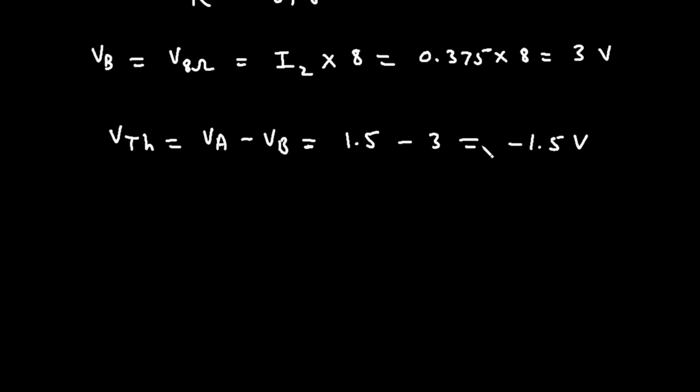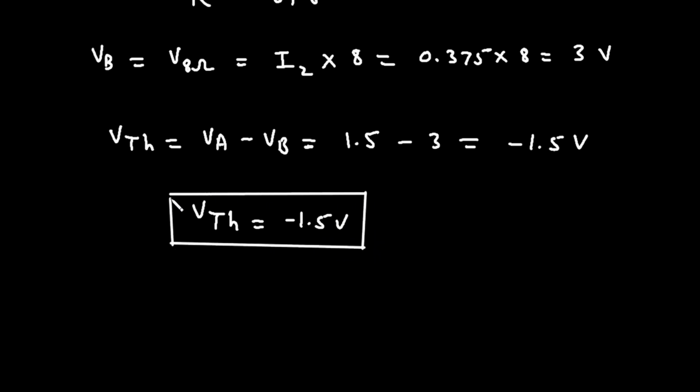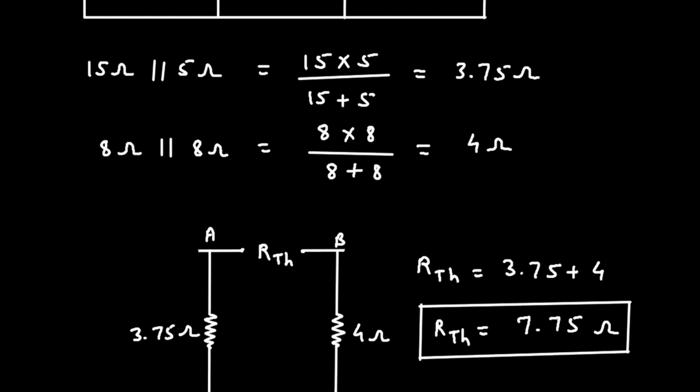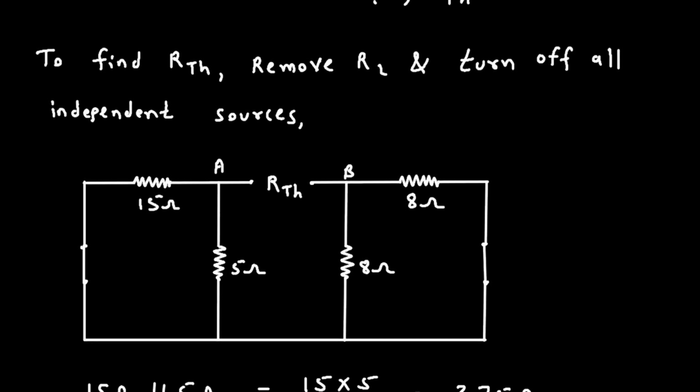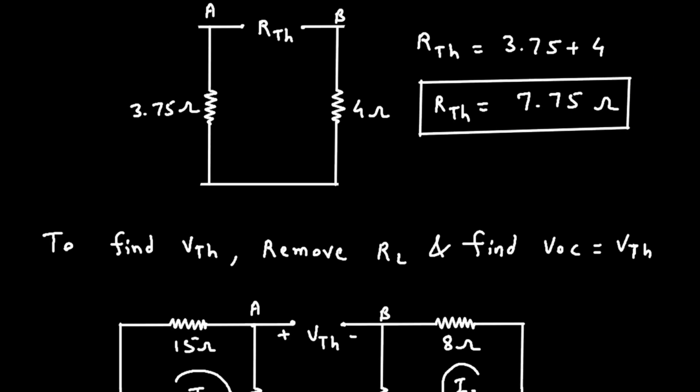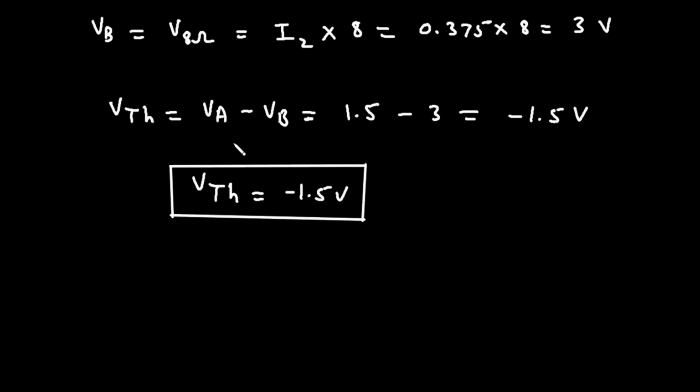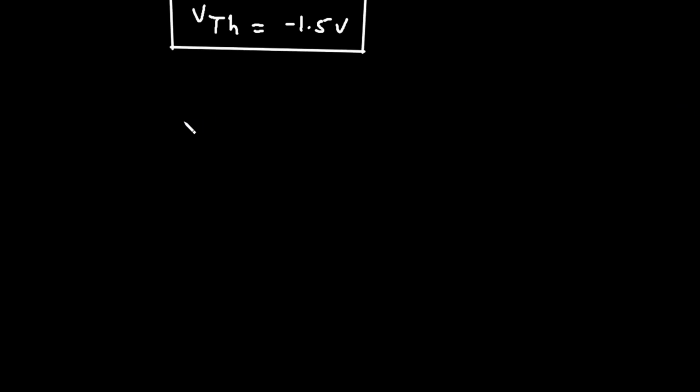So minus 1.5 volt is the value of VTH. Now next, we got the value of VTH, minus 1.5 volt. We also got the value of RTH and we also have the value of RL. Here we can see we have the value of RL, the value of RTH, and also the value of VTH. So from this we can draw the Thevenin equivalent circuit. Here this will be our VTH.